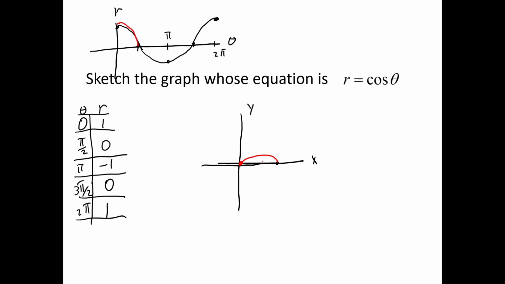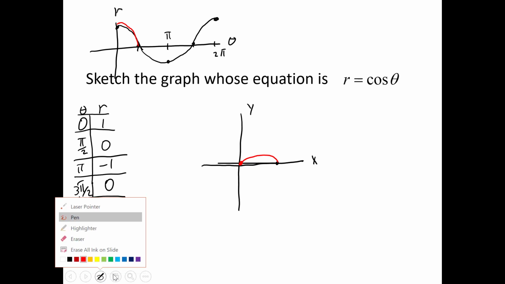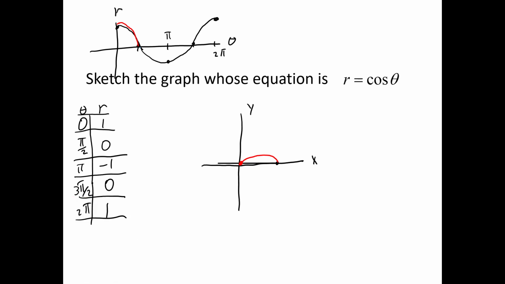Now once we get past pi over 2, all of our r values are negative. So from pi over 2 to 3 pi over 2, all our r values are negative.